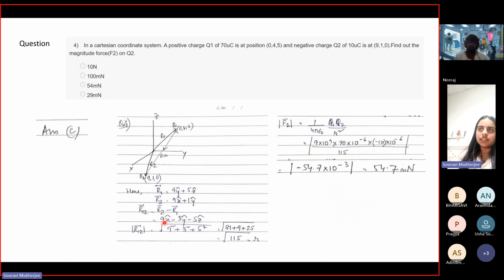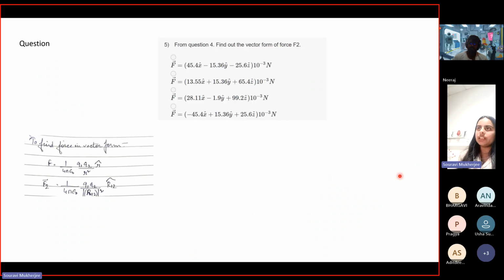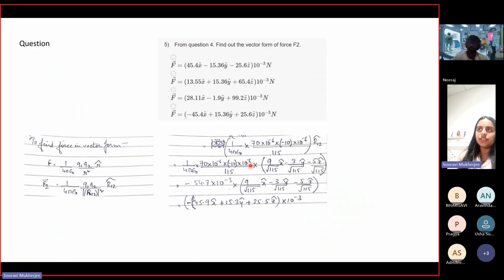If you divide the vector by the magnitude, you get the unit vector along this direction where the force acts. And now you know the direction of the force, you know the magnitude of the force. So how do you find the components? You put that together, right? So this is your magnitude, this is your unit vector. Okay, and now if you multiply, you get the components, right? That's how you get the components.